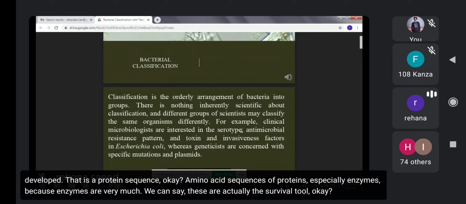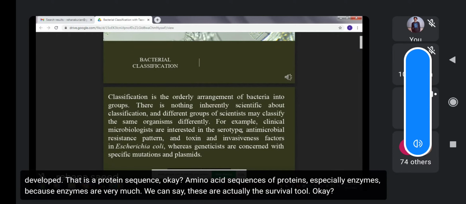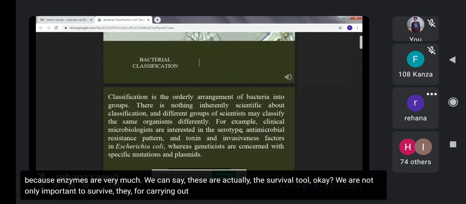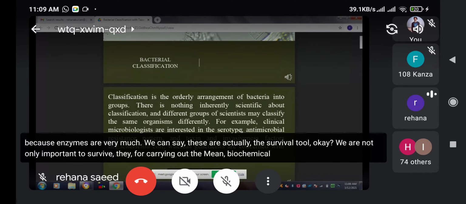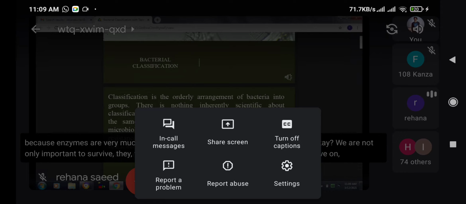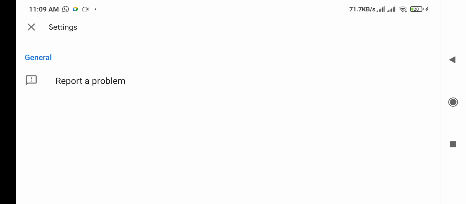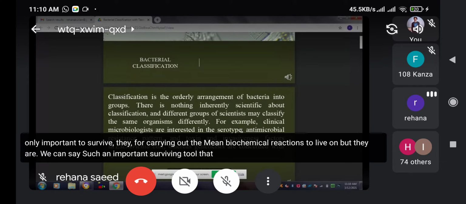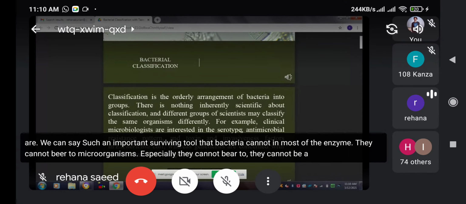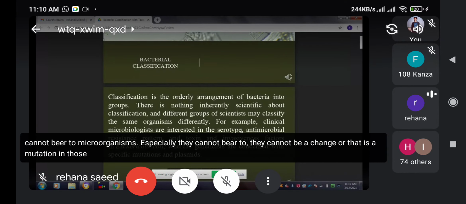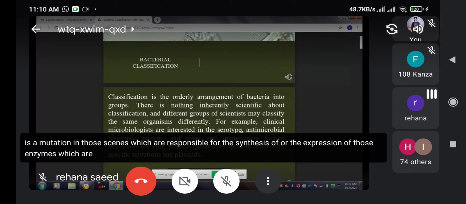They are not only important for carrying out the main biochemical reactions to live on, but they are such an important surviving tool that microorganisms cannot bear a mutation in those genes which are responsible for the synthesis or expression of those enzymes which are necessary for survival.